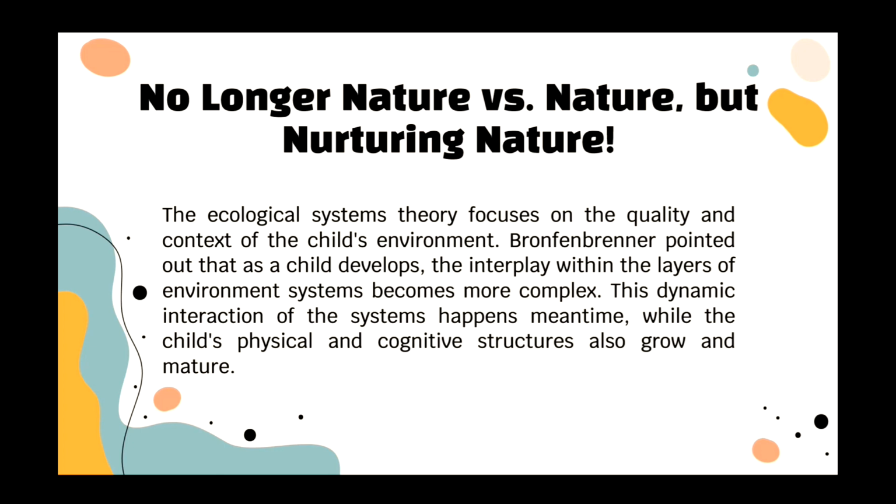So this dynamic interaction of the systems happens at the same time while the child's physical and cognitive structures also grow and mature. So this bioecological theory helps us to determine how the different circumstances or conditions in a relationship in the world affect the child as he or she goes through the more or less predictable sequence of natural growth.